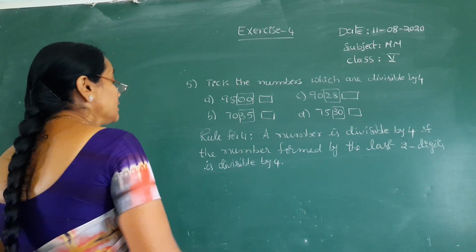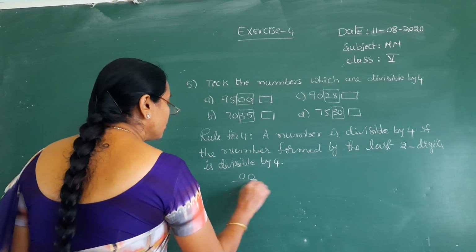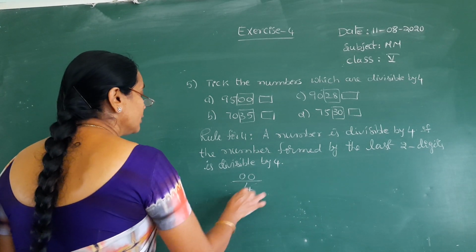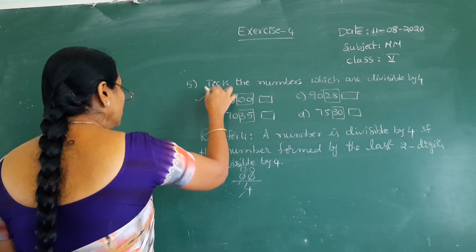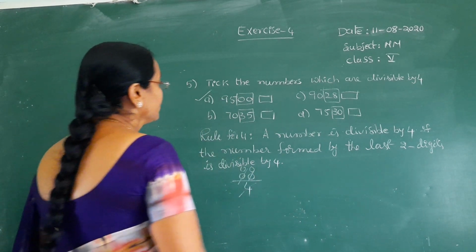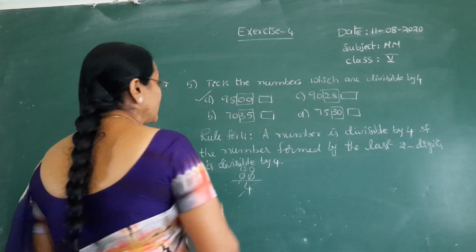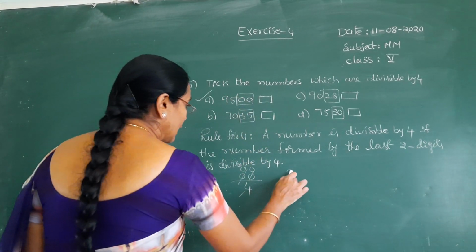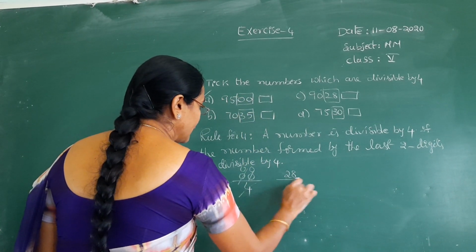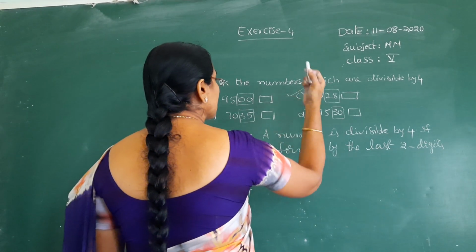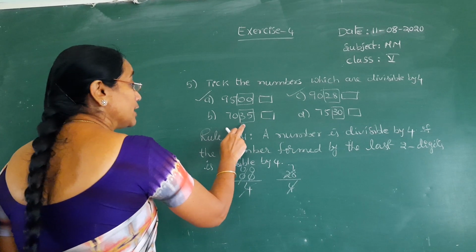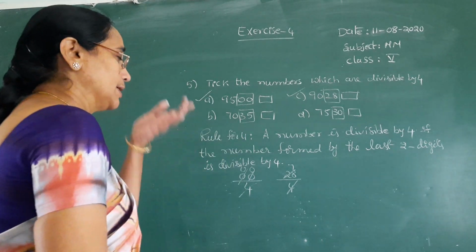Here, double 0, divided by 4, is completely divisible. So the total number 9500 is divisible by 4. Next, here the last 2 digits are 28. 4 sevens are 28, so it is complete. This is also divisible by 4. But here 35 is an odd number.